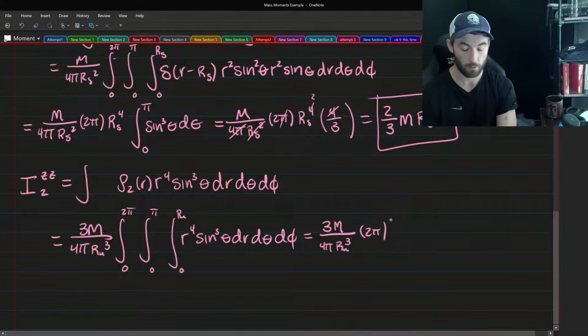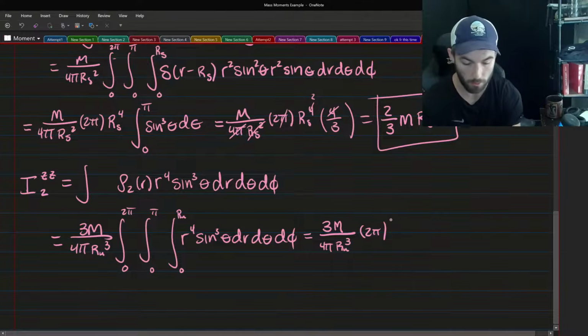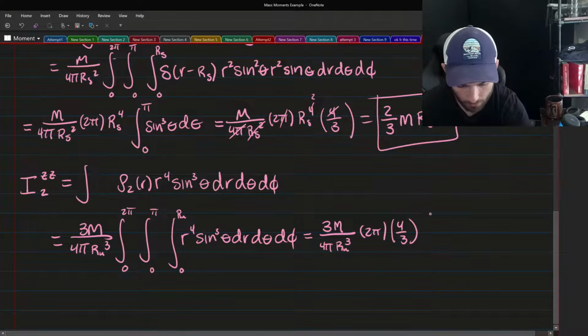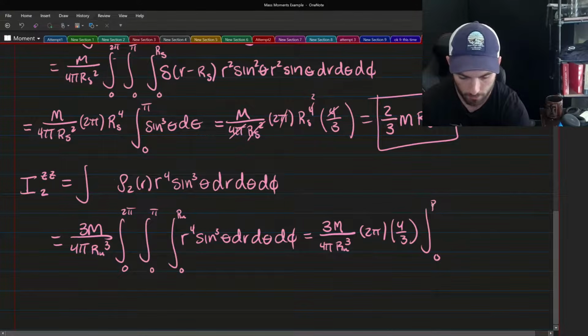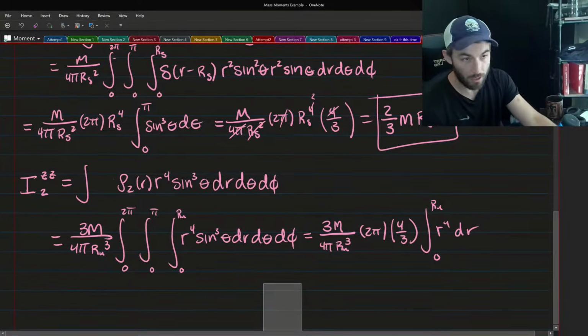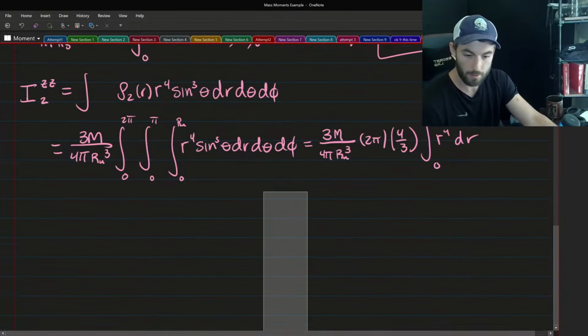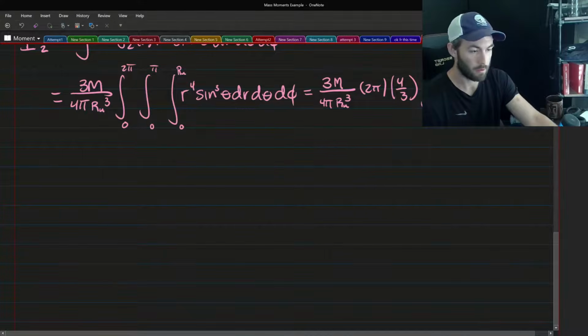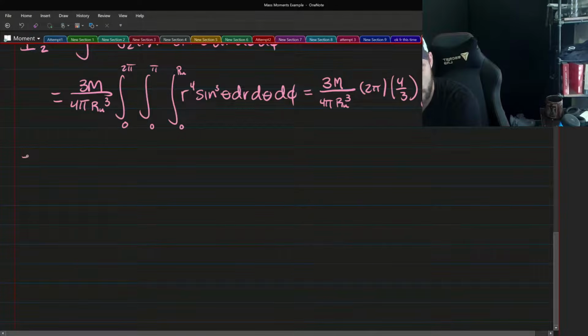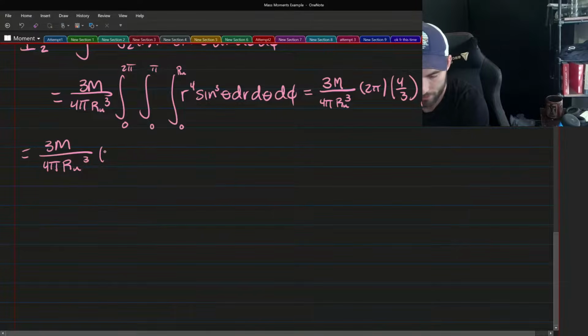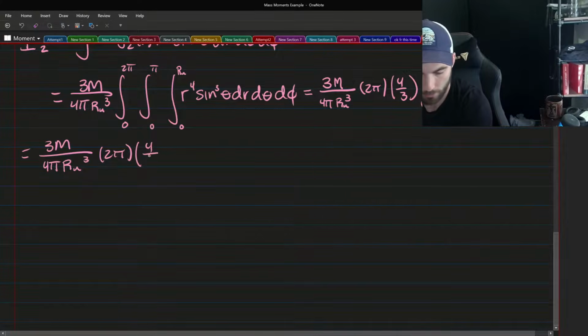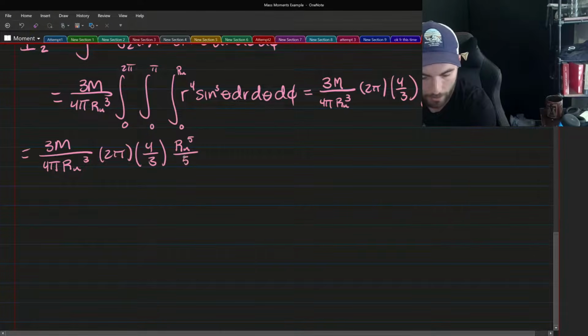And like the previous example, the angular integral gives us a 4/3 times the remaining integral from 0 to R_u of just r to the fourth dr. That one's easy enough to where even I can do that one. So that's just going to give us 3M over 4 pi R_u cubed, 2 pi, 4/3, and then an R_u to the fifth over 5.